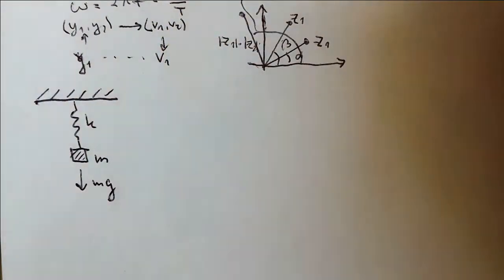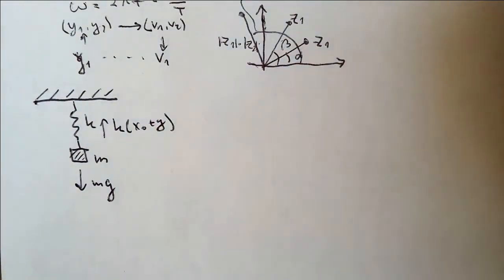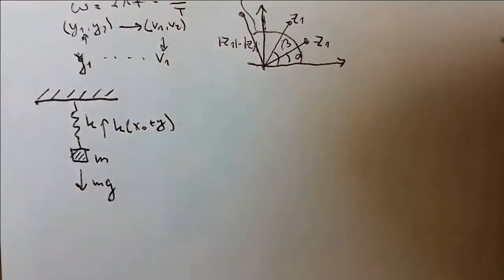I have this spring with a spring constant k, and there is this bob with mass m, and there is the force mg, and the second force of the spring is k times x0 plus y, where y is the displacement from the equilibrium position.